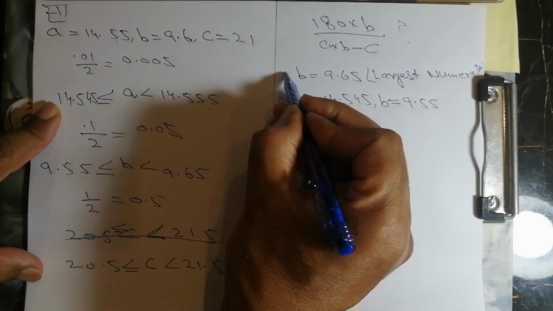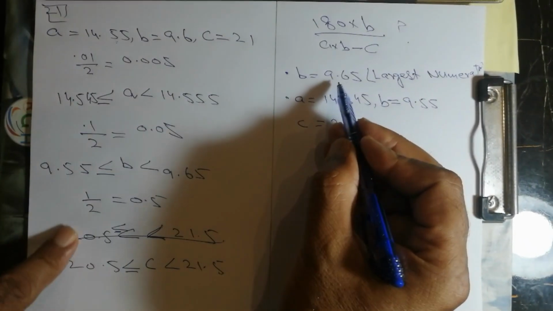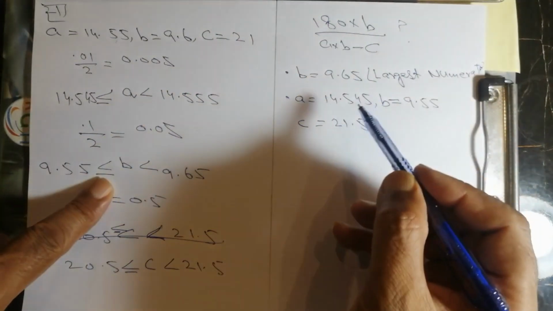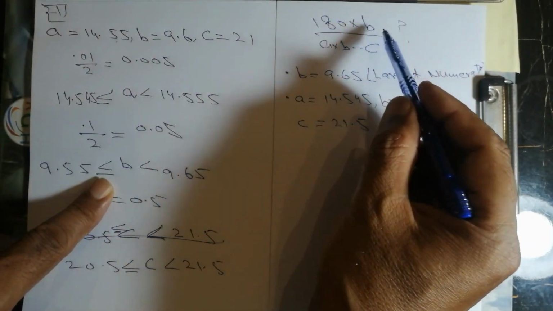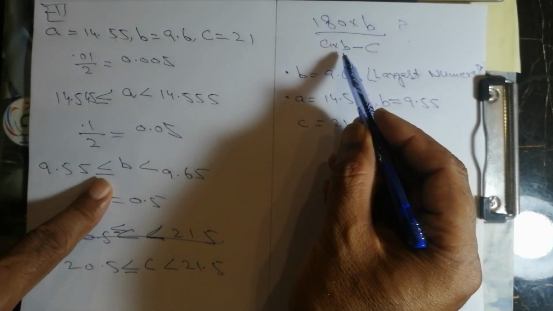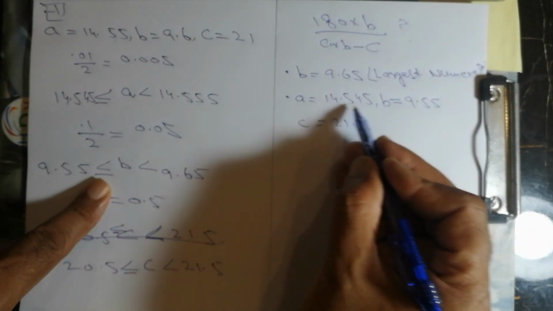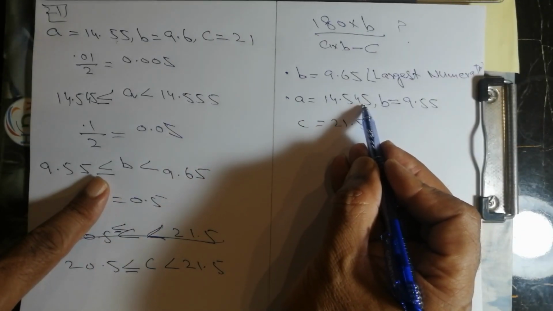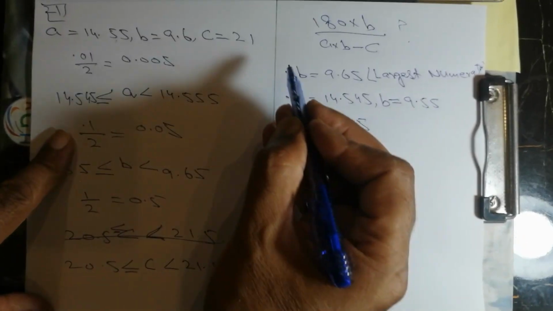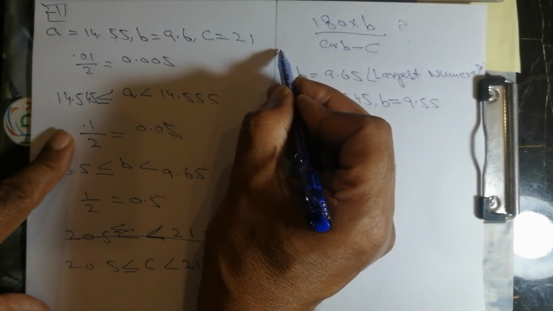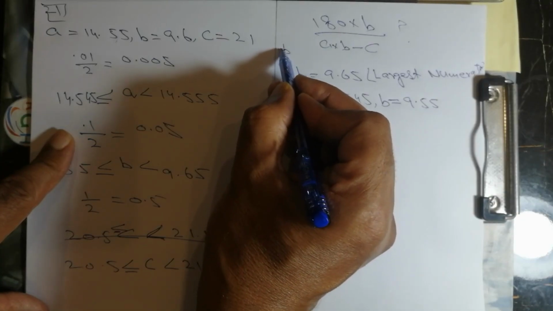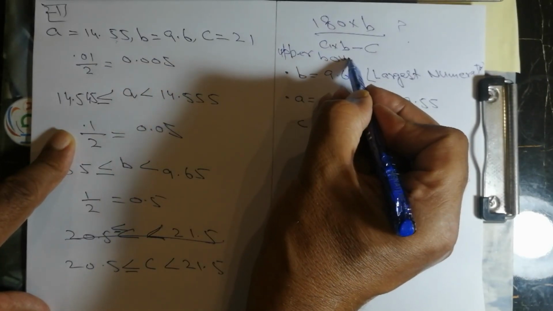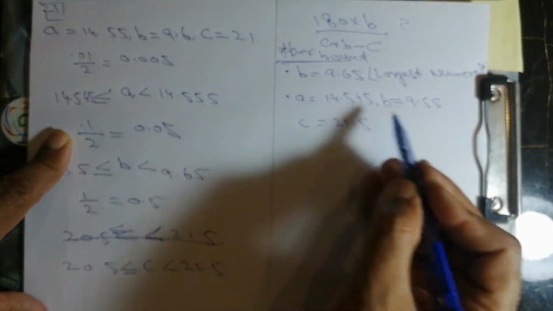So I copied 2 sets of values, B equal to 9.65, the upper bound. This is the value for the numerator, and the value of B will be separate for the denominator. This set is for the denominator. A equal to 14.545. Actually we are calculating the upper bound, so these values belong to the upper bound.